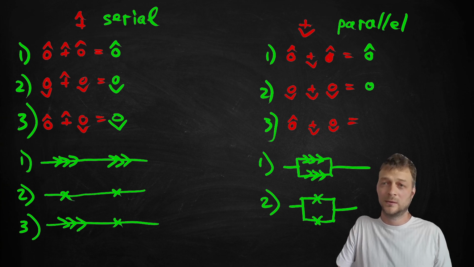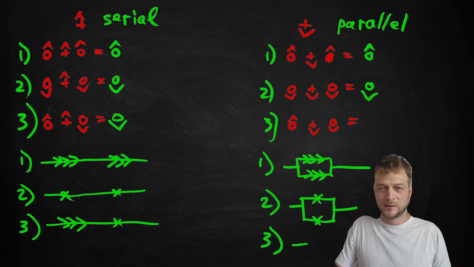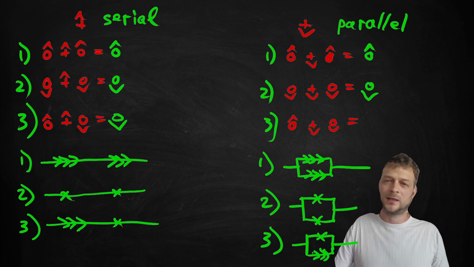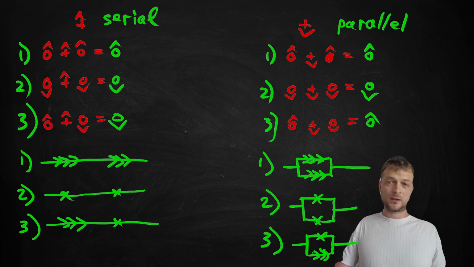The result will be a cut wire. And for the third one, we have a cut wire on one branch and superconductance on the other branch. We will get superconductance, which is noted as 0 with hat on top.